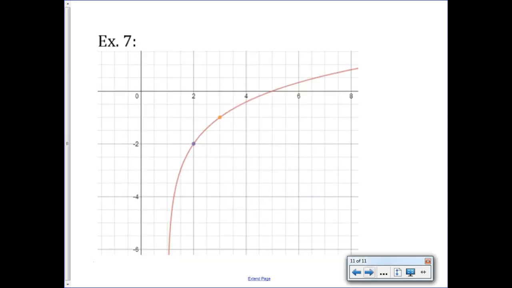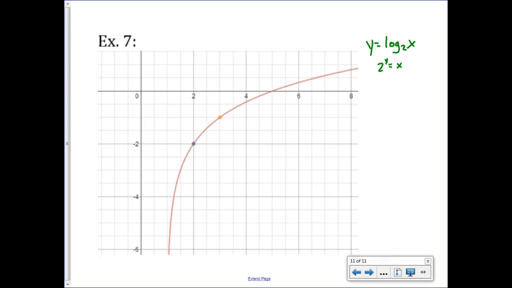All right, this one to me looks more like a logarithmic function. So I know that I'm dealing with y equals log of x base 2. So you can use your standard points there, which remember you can write it as 2 to the y equals x if you don't remember.